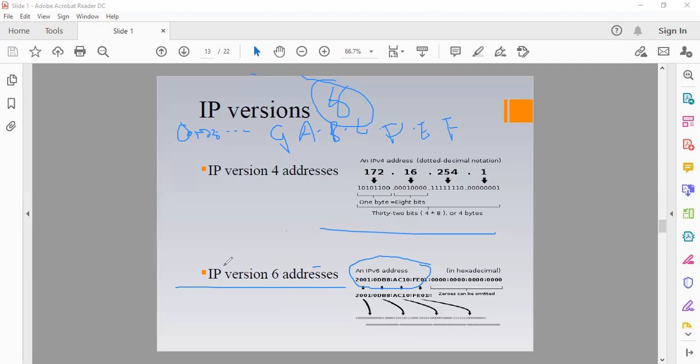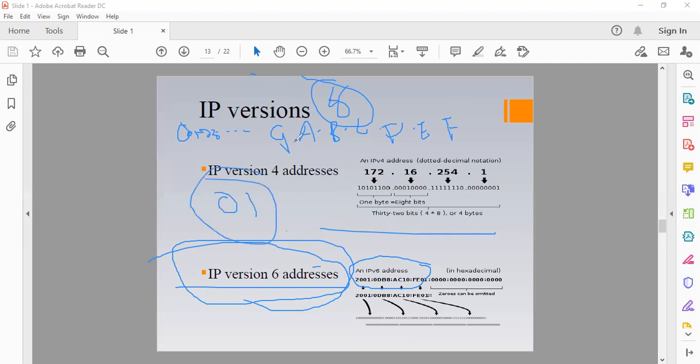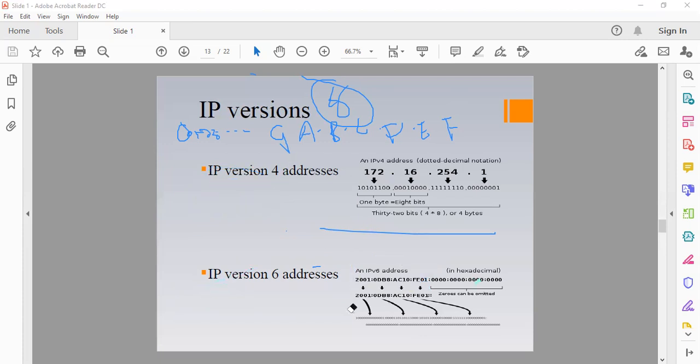But remember, for your understanding, we will write IP version 6 in the form of hexadecimal, while IP version 4 is written in the form of binary, meaning zeros or ones.